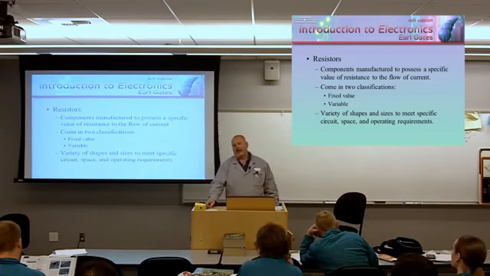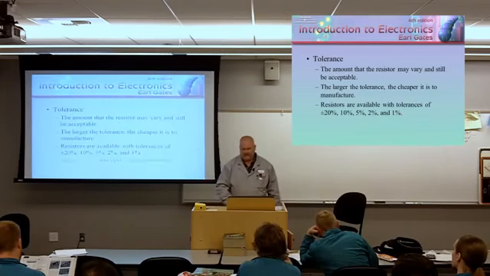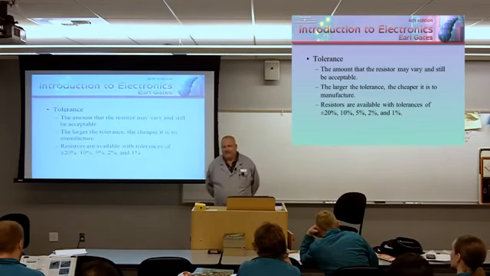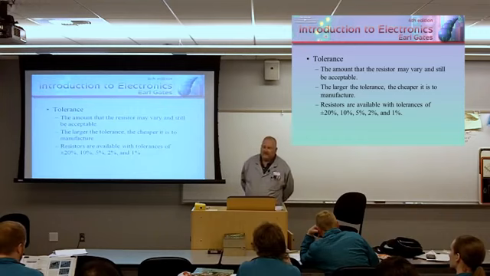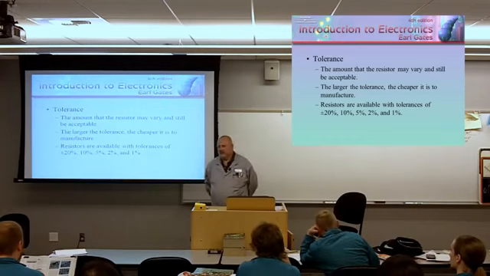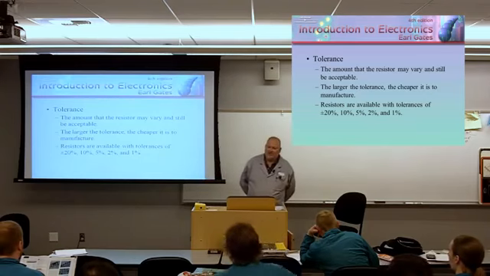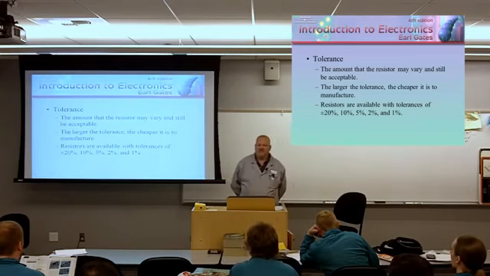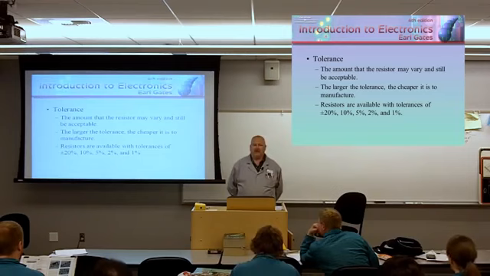So there are all kinds of resistors on the market. These components all have a tolerance associated with them. Tolerance is the amount that the resistor may vary and still be acceptable.